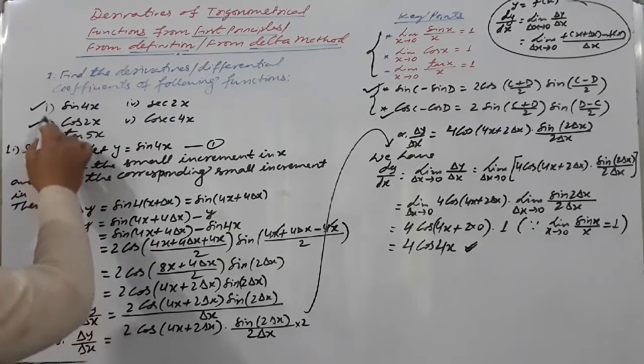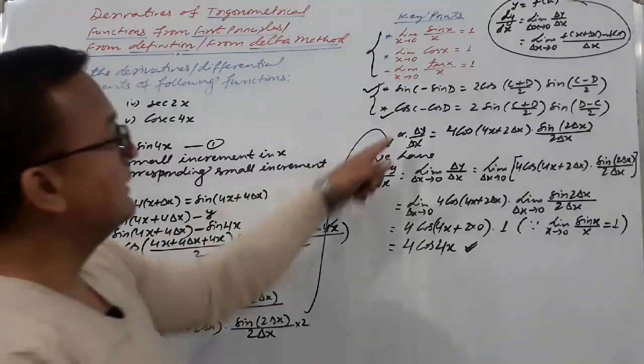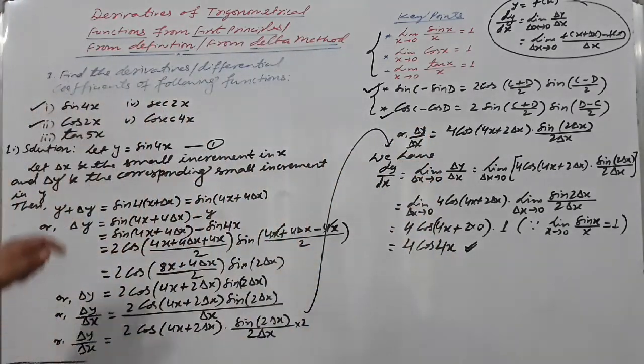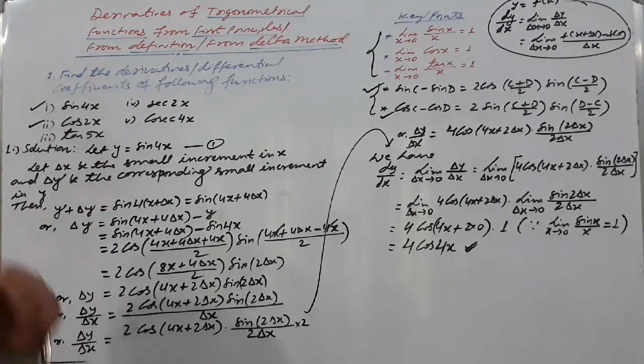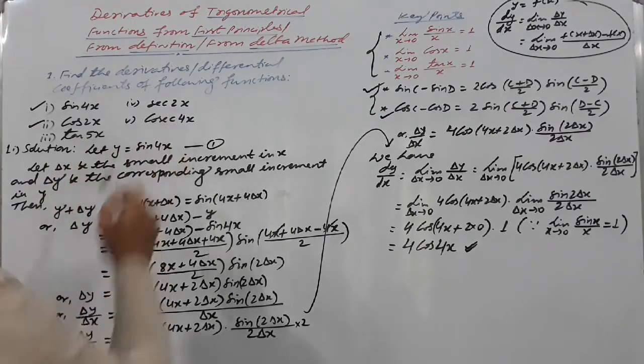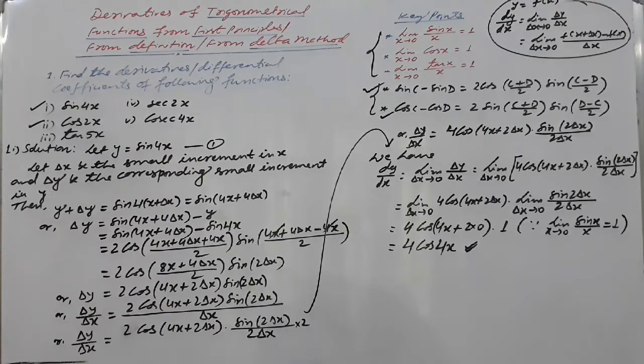This formula I've written here, you may use this one for cos. So cos of any, it doesn't matter, 2x, 3x, 4x, 5x, you can do very easily with the help of this method. And if I say tan, then sec, cosec also you can do in the same way.